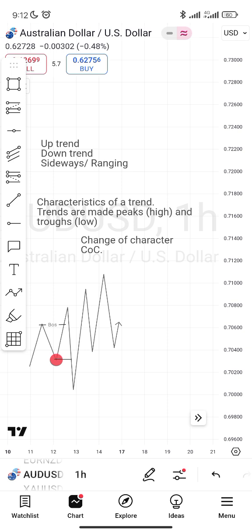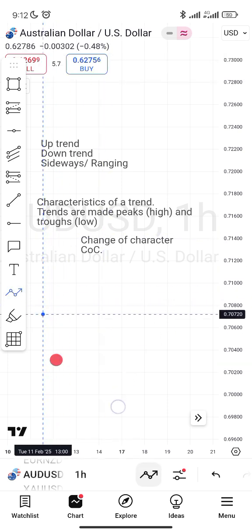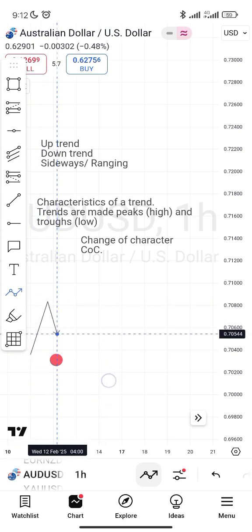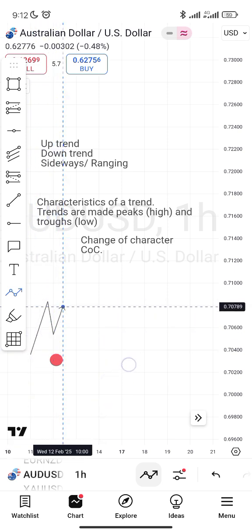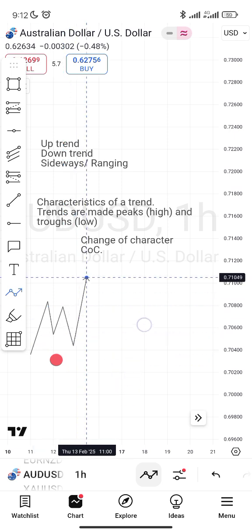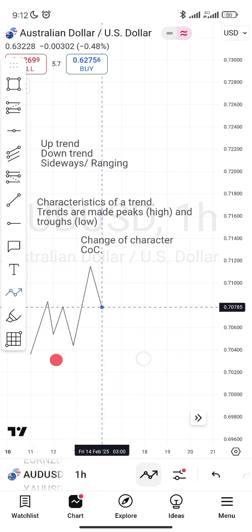Why do I say this? There are instances where the market just forms some kind of trap and people fall for it. You see something like this, the market does this, does this, and then continues.